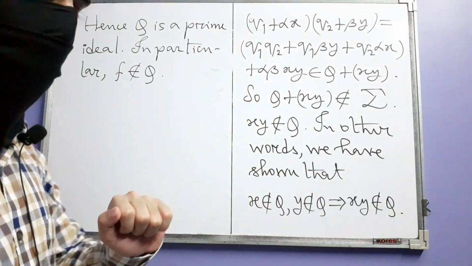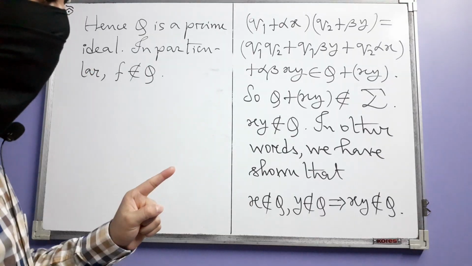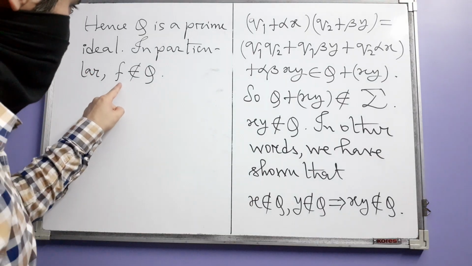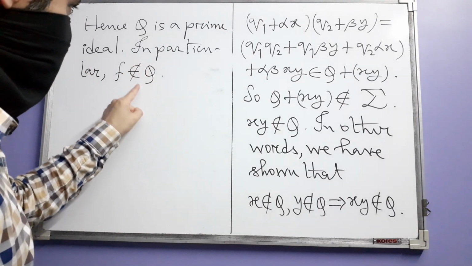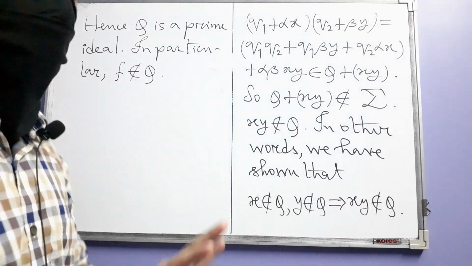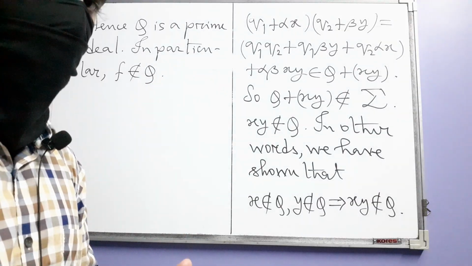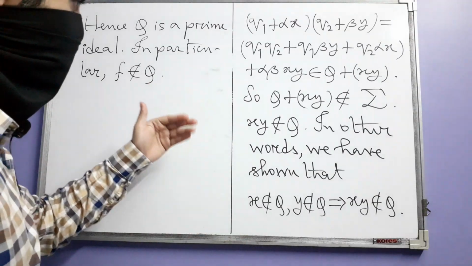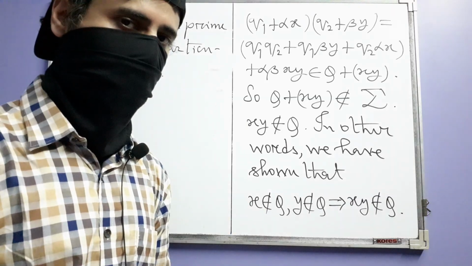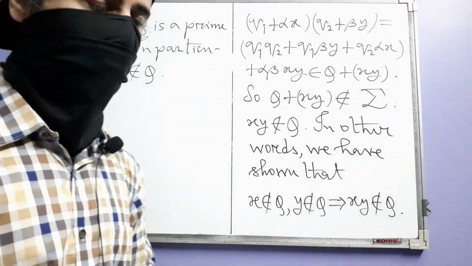I mean, this half of the proof. f is not a nilpotent element, and then we showed that f does not belong to a prime ideal, which means that f cannot belong to the intersection of all prime ideals, which is our R prime.